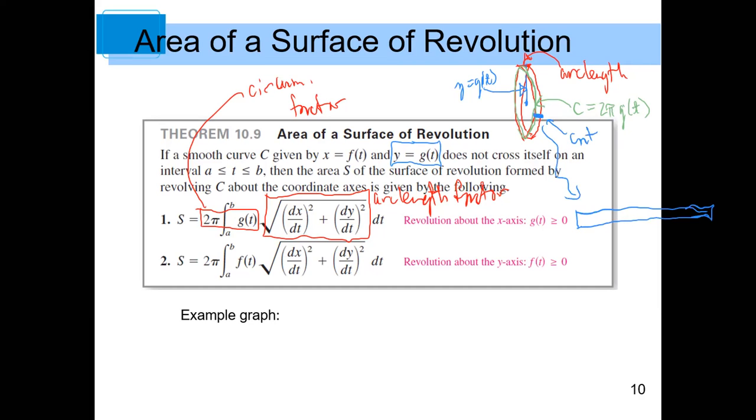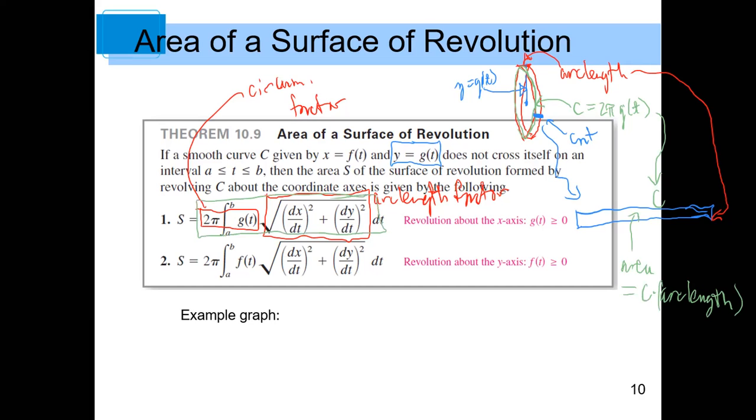The arc length right here, that's still the arc length right there. And where's C in this picture? Well, C is right here. So if I wanted to compute the area of that thing, what would I do? I would go C times the arc length. So the area of this is equal to C times that little piece of arc length, and that's exactly what's sitting right here.